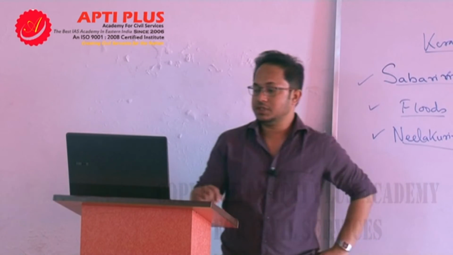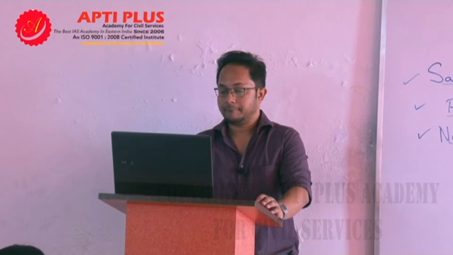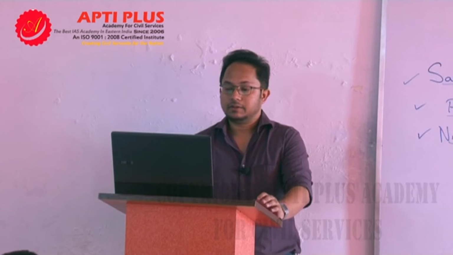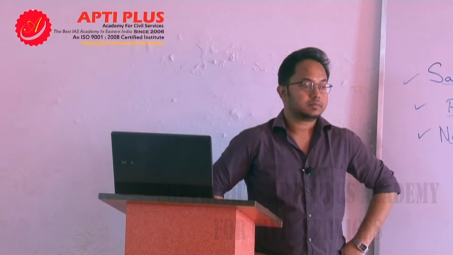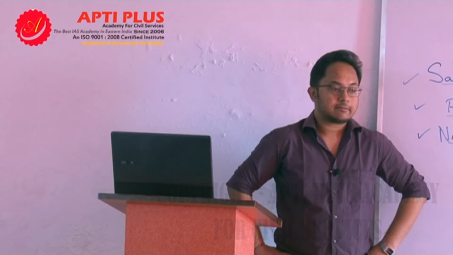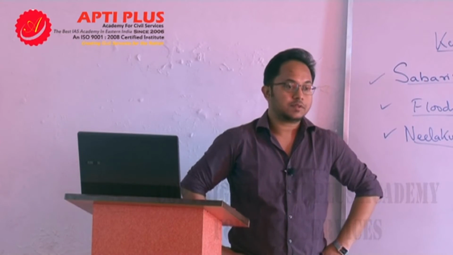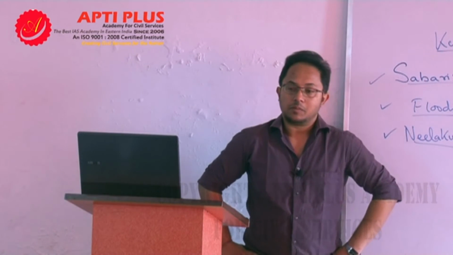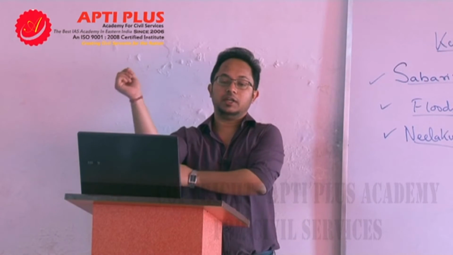Just try to locate those districts in the map. Open the map of Kerala or of South India and try to see if you can find any of these districts, Idukki, Kottayam, Pathanamthitta.